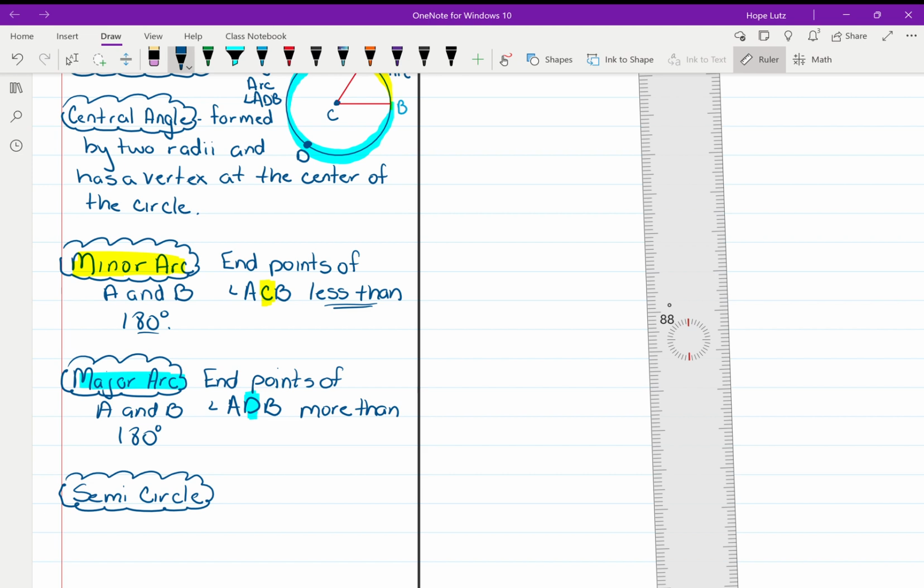And basically a semicircle is an arc with endpoints that use the endpoints of the diameter.